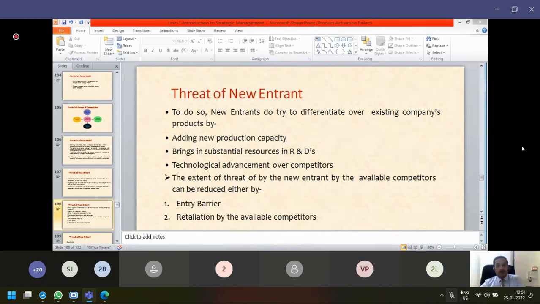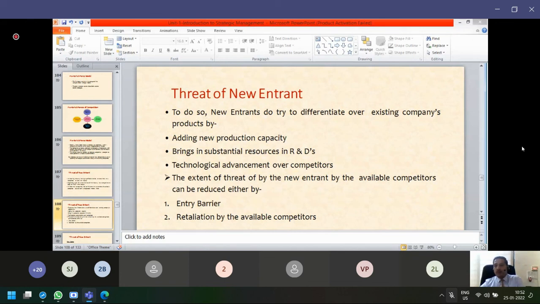The extent of threat by the new entrant to the available competitors or existing companies can be reduced. So in a particular industry, the existing companies can restrict the entry of newcomers or new entrants into that particular industry by having different barriers or different restrictions for entry into that particular industry.